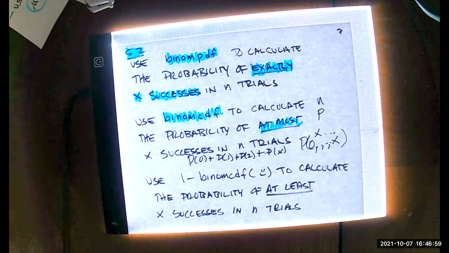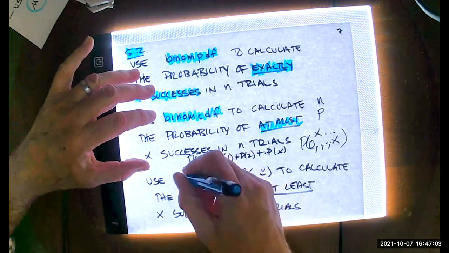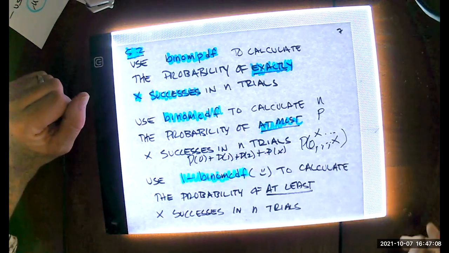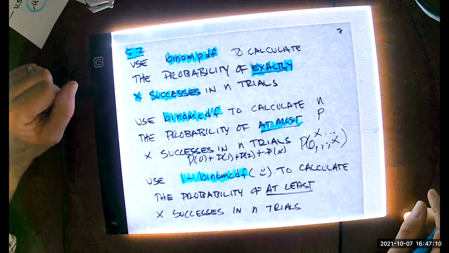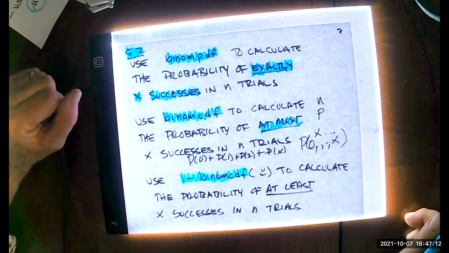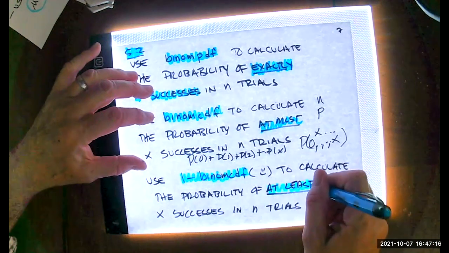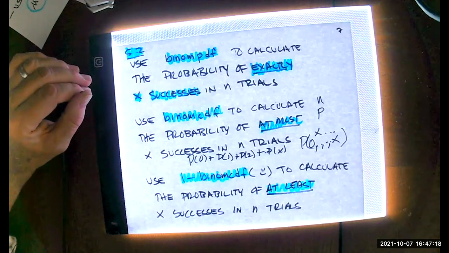If we need to calculate at least or more than or something of that nature, I need to use the cumulative distribution and the complementary argument, the 1 minus binomial CDF, to calculate the probability of at least x successes in n trials.